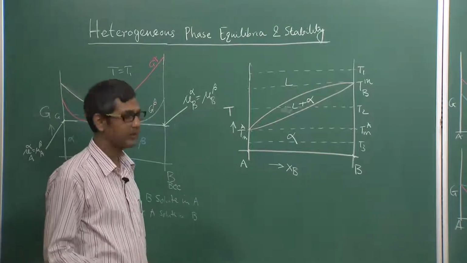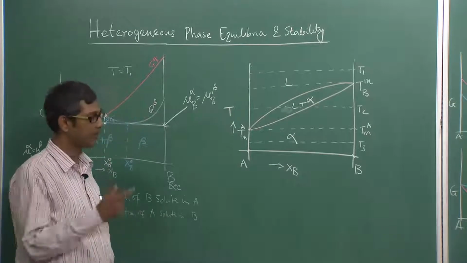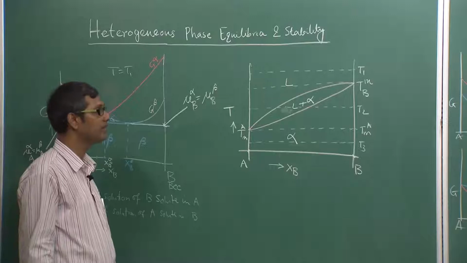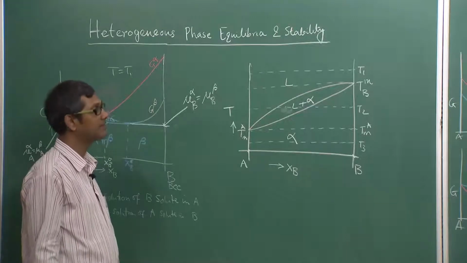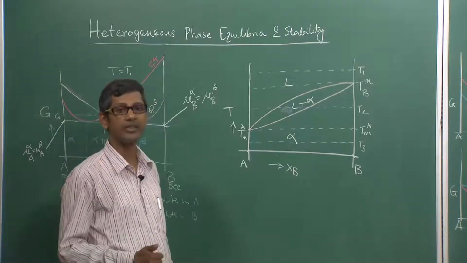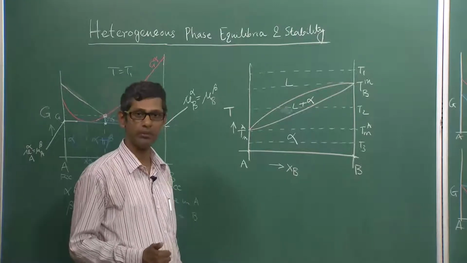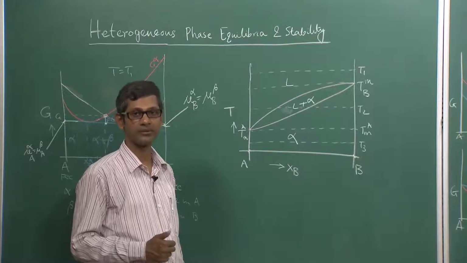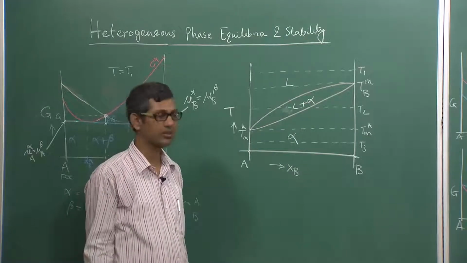So a few things you must remember. One, that free energy curves are always inverted parabola, that I have explained why. Second, that relative positions of the free energy curves will tell you the stability, which phase is stable. The phase which is more stable will have free energy positions lower than the phase which is not stable.